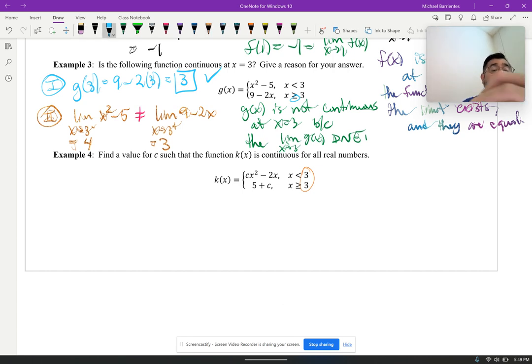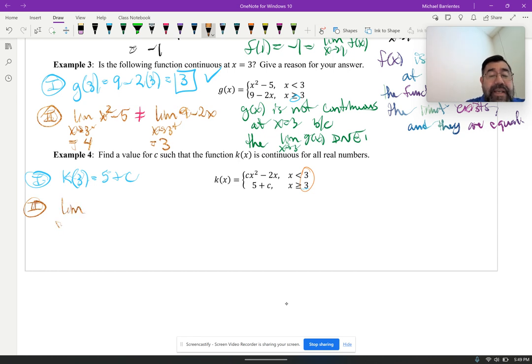Okay. So I'm going to say, does k of 3 exist? Well, I don't know because I don't know what that is, right? I know it's 5 plus c, but there's no x to plug it in. Okay, I'll come back to that. Let me check the second condition.